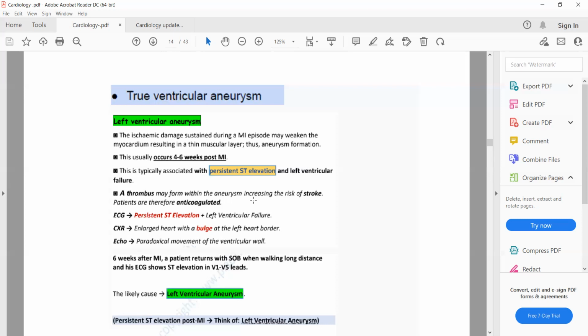So if there's a bulge on the left heart border on X-ray, then it is most likely aneurysm.